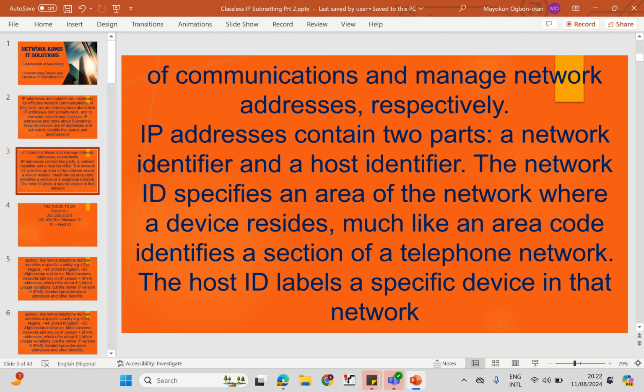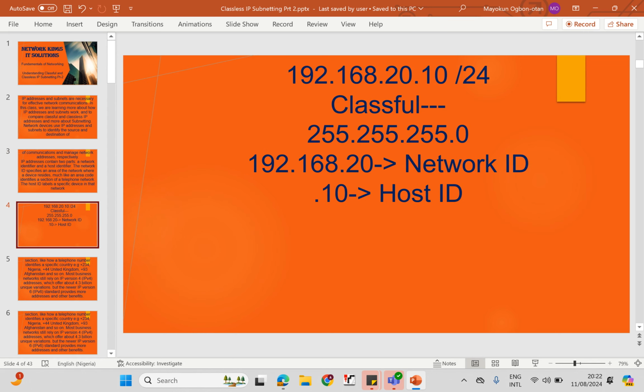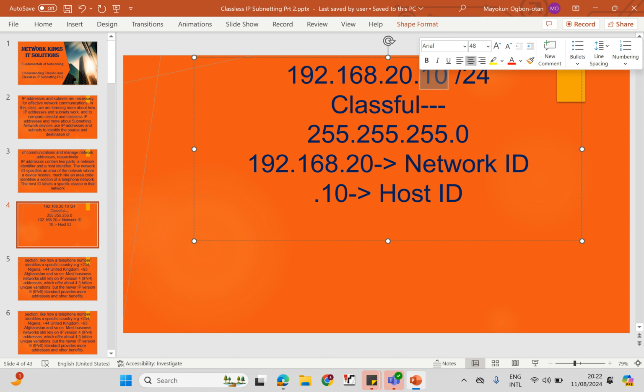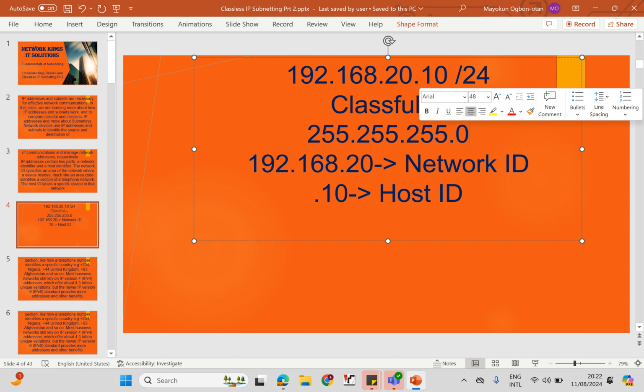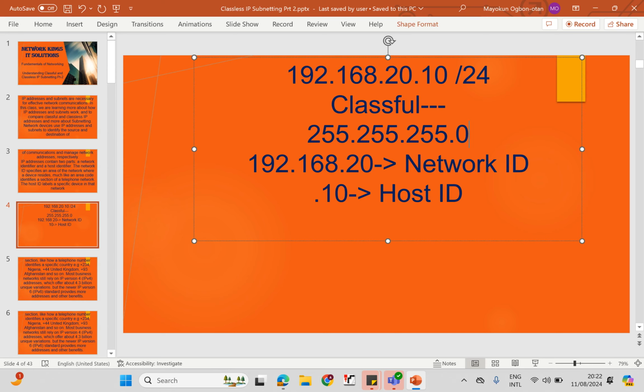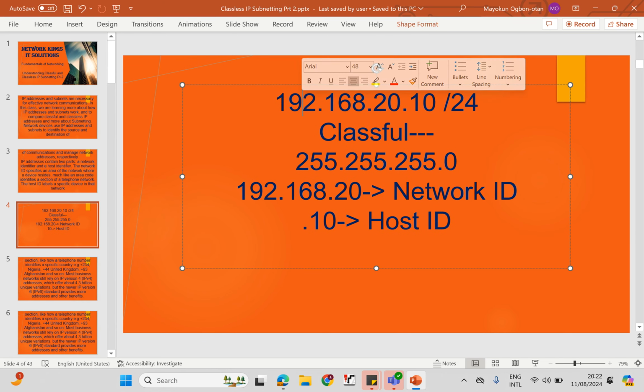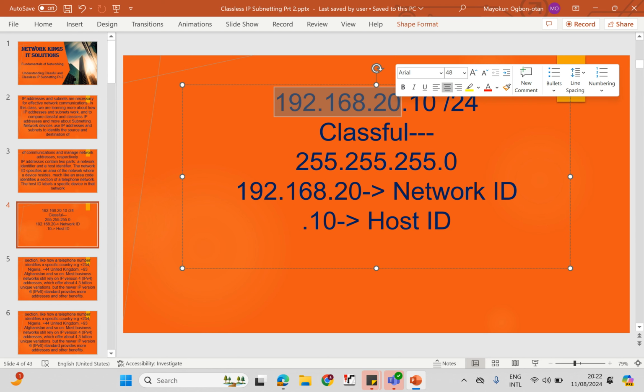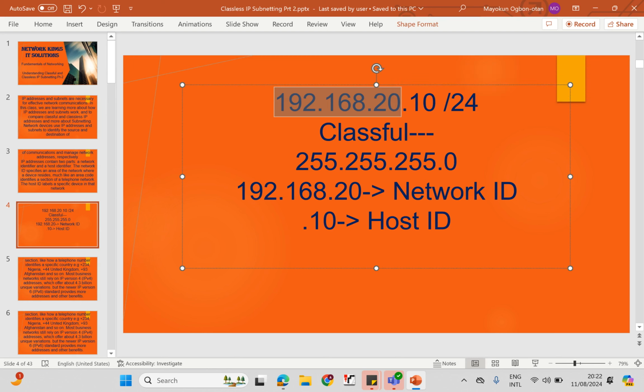The host ID labels a specific device in that network. Like I was saying, .10 in this case is sitting on a particular device, the same way we can have .11, .12, .13 sitting on other devices. But in this kind of network, you can never have anything outside of 192.168.20. Everything resides within. This is the network block. All right.